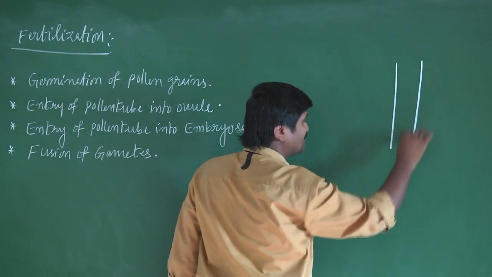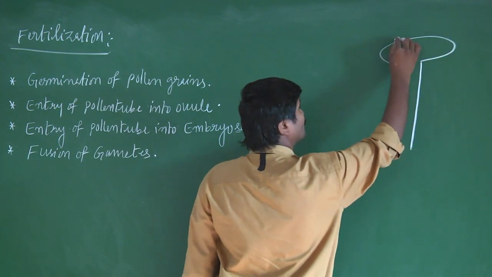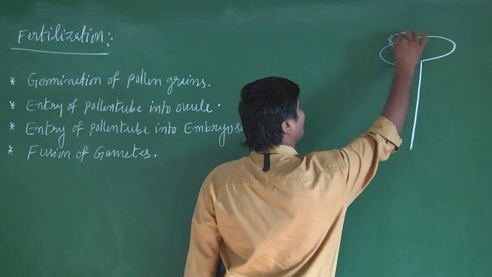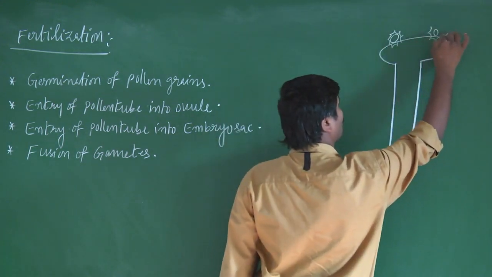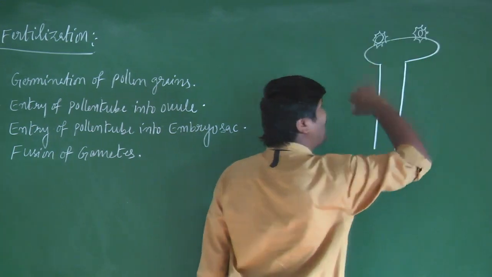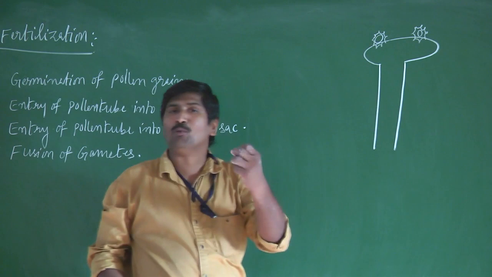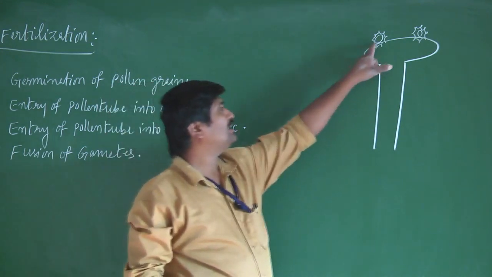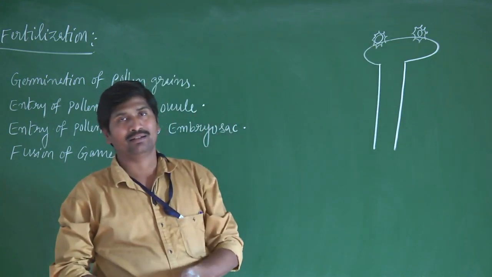For example, this is the stigma. First, the pollen grain lands on the stigma. When the pollen grain lands on the stigma, it receives moisture and sugar from the stigmatic lobe, and the pollen grain swells.